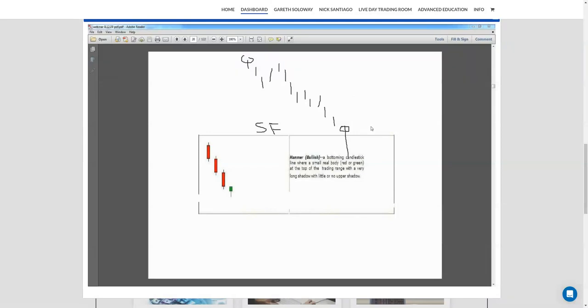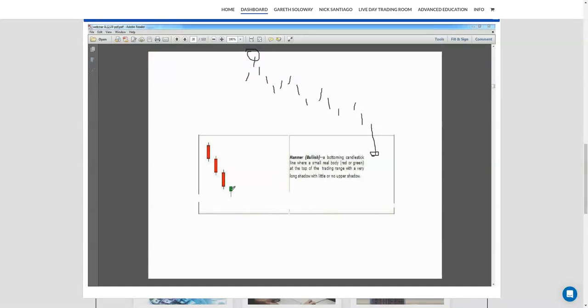How about this, though? Pivot high. One, pivot high up here. 1, 2, 3, 4, 5, 6, 7, 8, 9, 10, 11, 12, 13, 14.